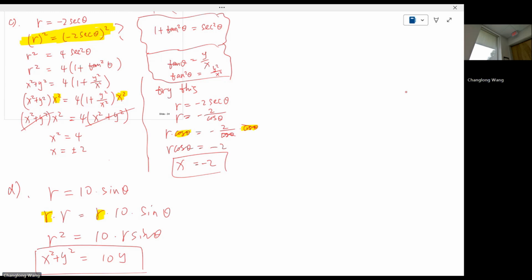Oh yeah, Russell. You're saying, is there some other way to deal with secant data? Is that what you're trying to say?